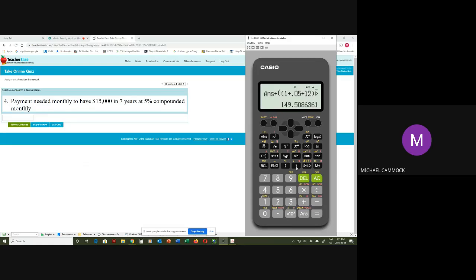But that answer represents how much I have to put into the account every month for me to get $15,000 in 7 years. So every month I go in with $149. And by the way, this is 51 cents because this 0 either has to stay as a 0 or go up by 1. I'm going to go up by 1 because this is an 8.